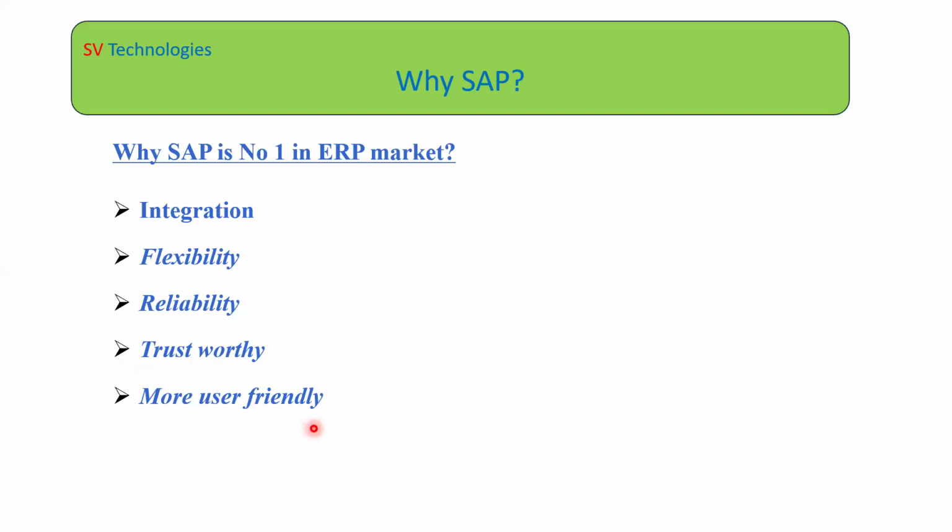Even if you implement SAP or any other ERP system in the organization, if the end users are not comfortable with the system, then the project will fail. That is the most important thing. That is the reason that, compared to other ERP systems, SAP is more user friendly.